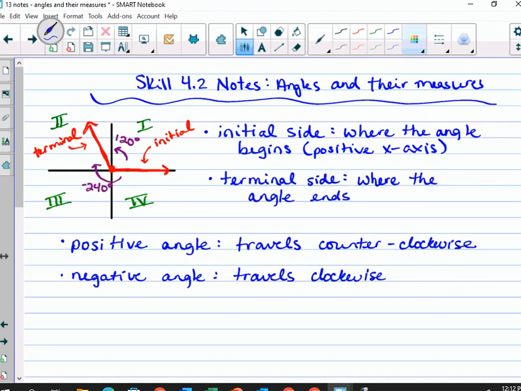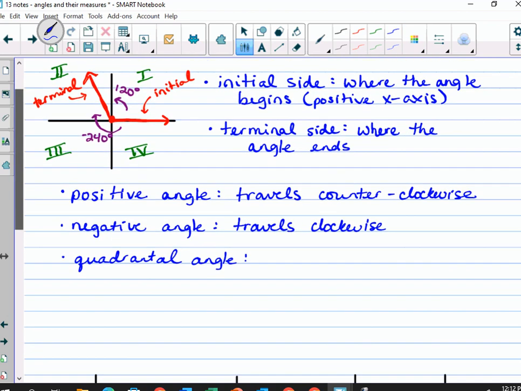All right. Another definition, we have what's called a quadrantal angle. And I know that sounds like I just made up a word, but I didn't. The terminal side is on the X or Y axis.